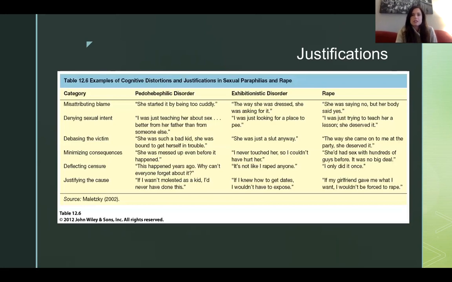More justifications include she was saying no, but her body was saying yes. And that could be exhibitionistic disorder, like the way she was dressed, she was asking for it. Pedophilia, she started it by being too cuddly. I was just teaching her about sex.